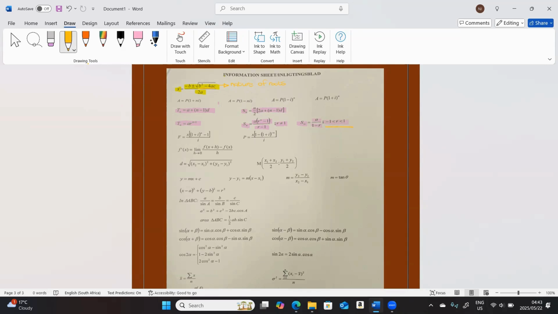Now I just want to add, guys, because I've seen in the past, this part over here is what you use when they ask if a series converges or not. For a geometric series to converge, the constant ratio R has to be a value between -1 and 1.